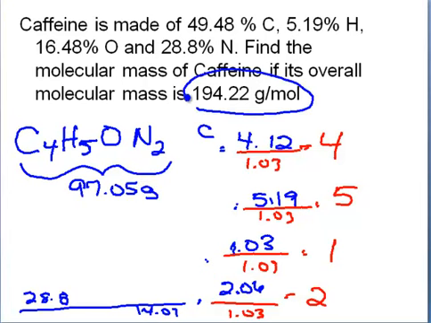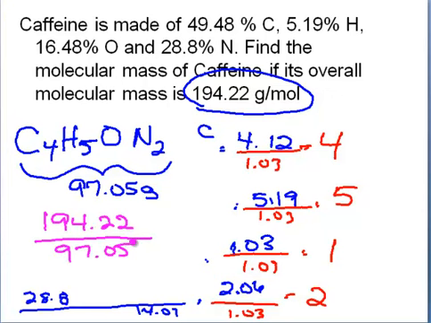Here's the mass that's being given to me. So I take the 194.22, I divide it by 97.05, and I get 2. So I'm going to multiply this entire molecule by 2.